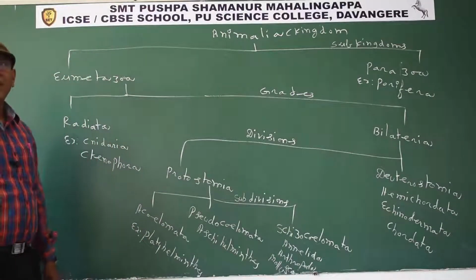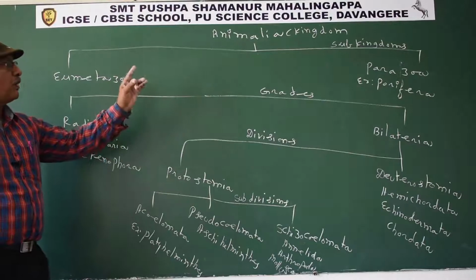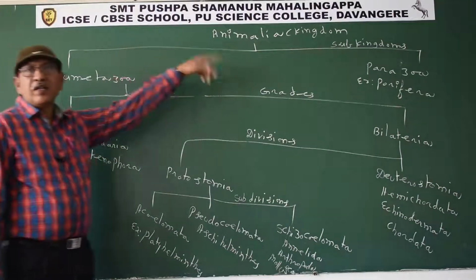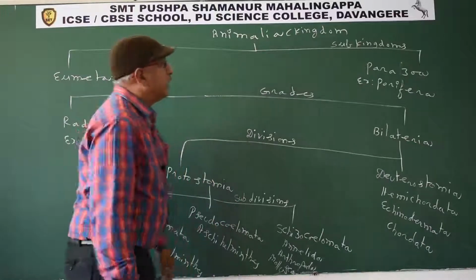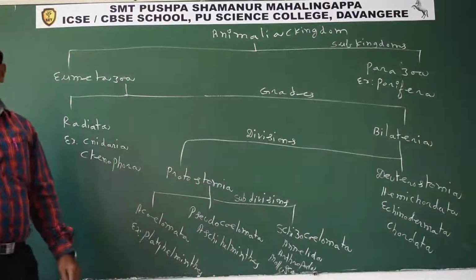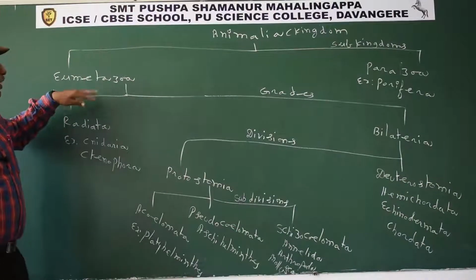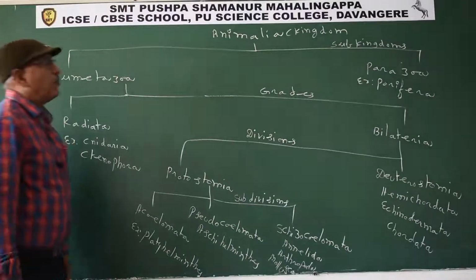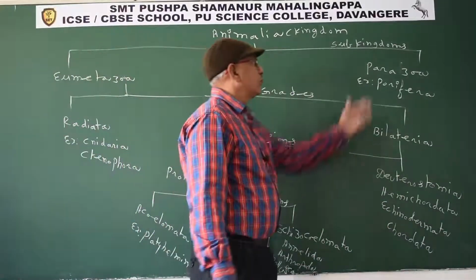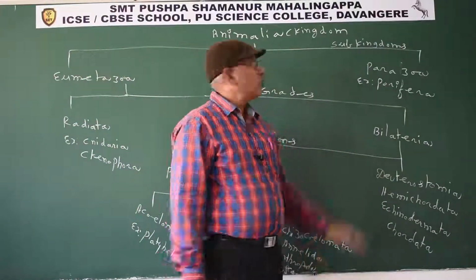So all multicellular animals belong to kingdom Animalia. Animalia is classified into two subkingdoms. Subkingdom Eumetazoa, subkingdom Parazoa. Only one phylum is in Parazoa. So what is the difference?